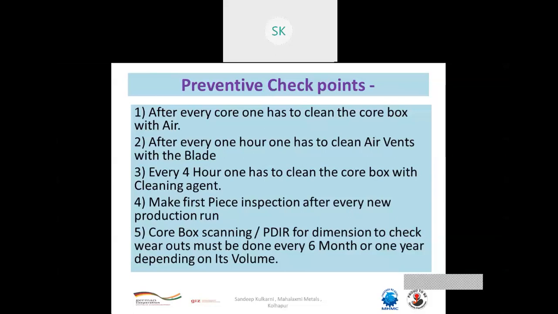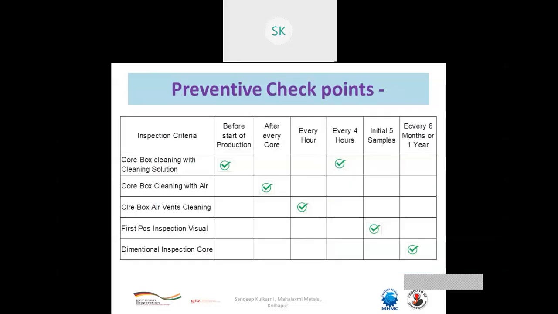You can find out at your end that yes, my core box is getting worn out, I have to go for a new core box, I have to plan it for the next 3 months or 6 months. So this is very important as a preventive measure.